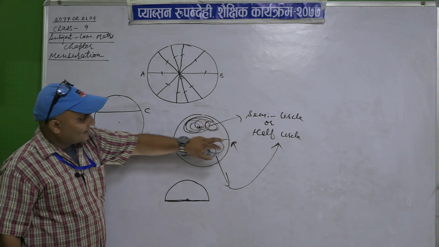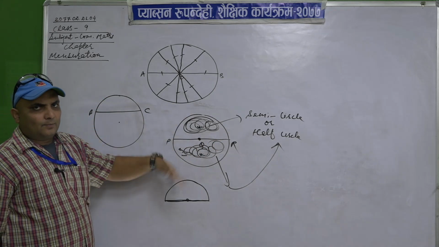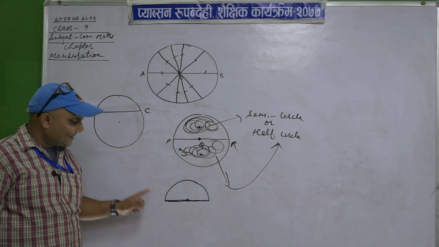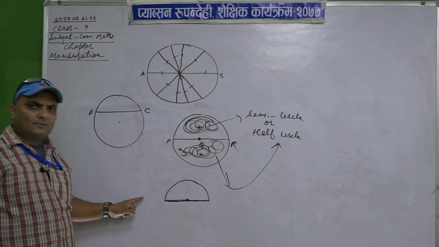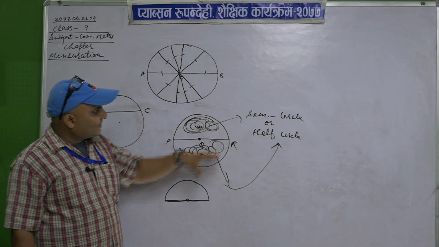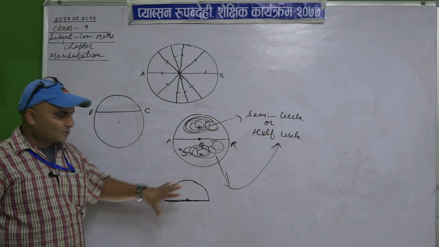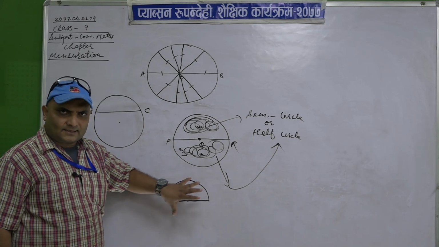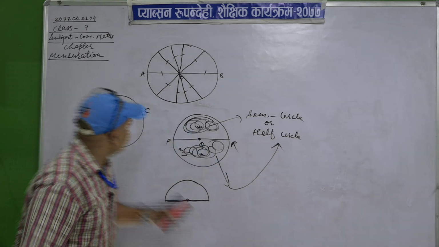If a full circle is given, and there is a diameter, then both parts are semicircles. If only a semicircle is given, then this is always a diameter. Okay. Now, why are we reading this? Because we are going to do some numerical problems of semicircle.